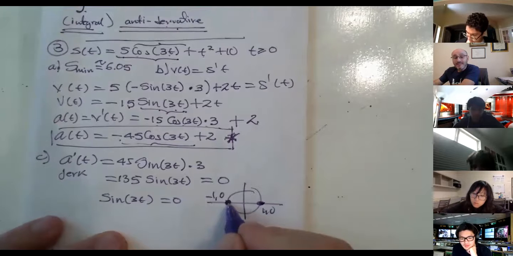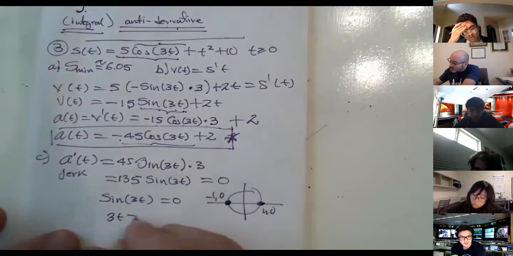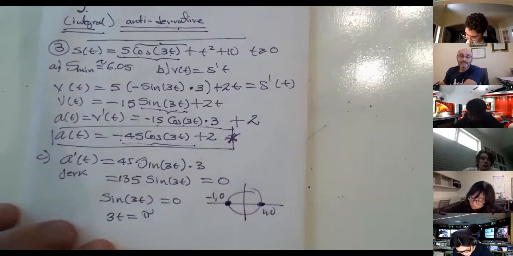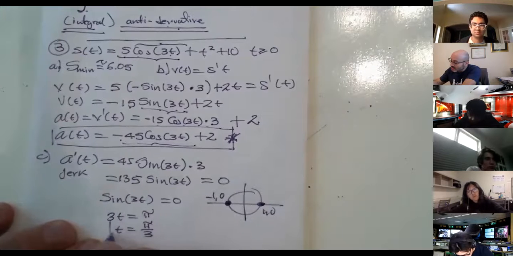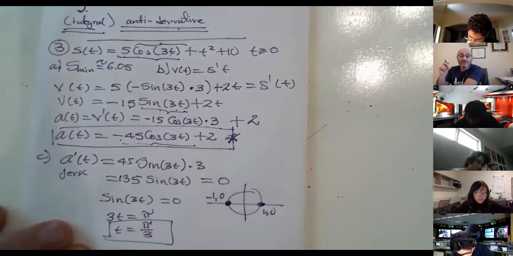So what angle is this? Pi. That means that 3t should be equal to pi. That's the angle that we need. Therefore, the time is pi thirds. That's the critical number, the first critical number that makes this 0.